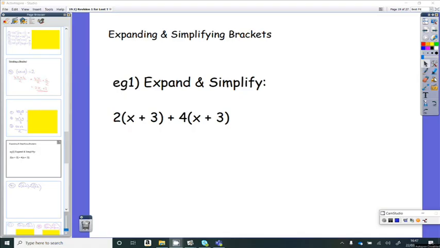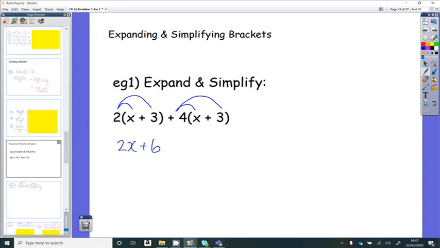So we're now going to look at it where we have two terms here, each with a bracket. So first of all we're going to expand, so that's our usual double claw. So 2 times x and 2 times plus 3, giving us 2x and plus 6. Then moving on to the second term, 4 times x and 4 times plus 3, so that's plus 4x plus 12.